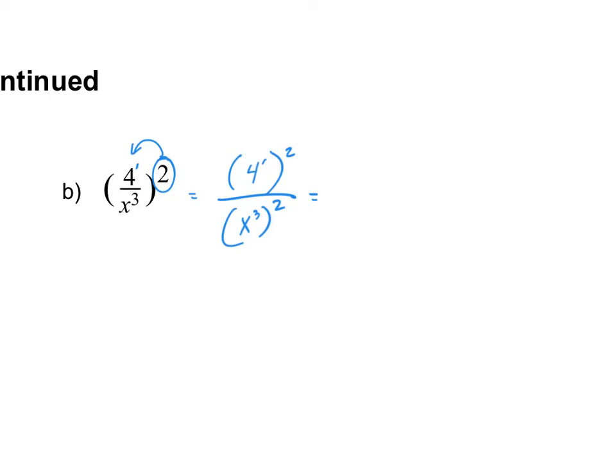Simplifying that out, we know that this would be 4 squared over x to the 3rd times 2, which is going to give me 16 over x to the 6th. And there we have it, a simplified expression.